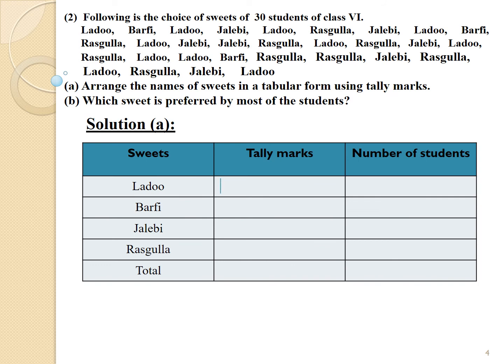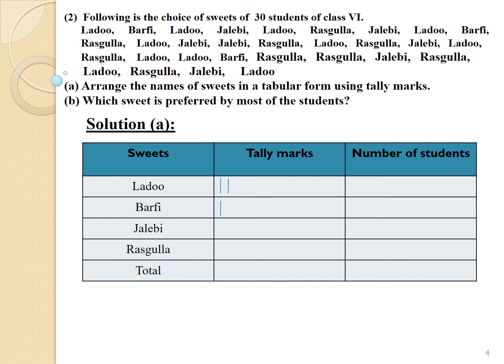Then barfi is given. So in front of barfi in the second column you have to draw a tally mark. Then again laddu is given. So in front of laddu in the second column you have to draw again a tally mark. Then jalebi is given.